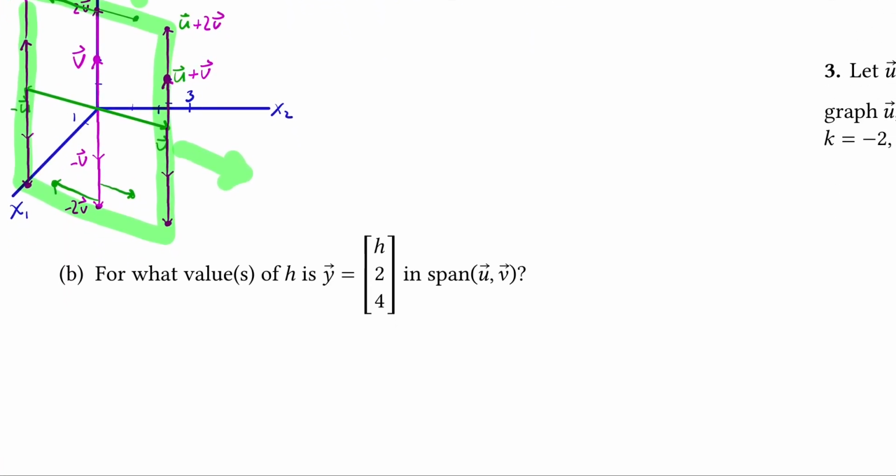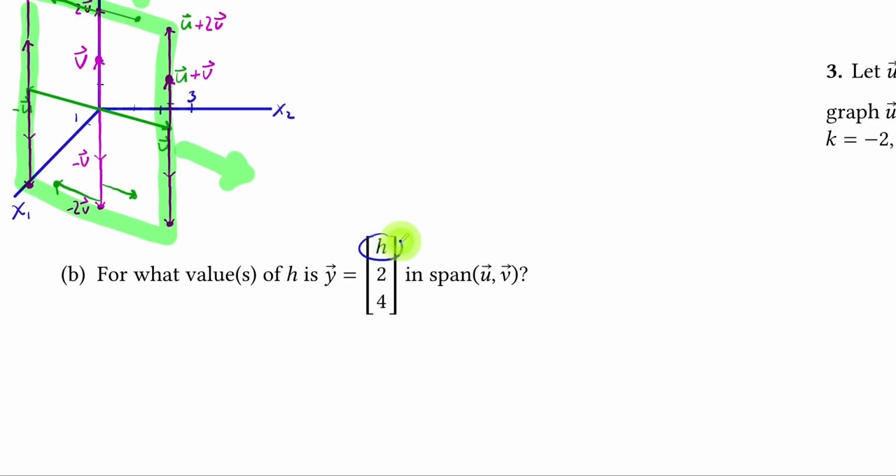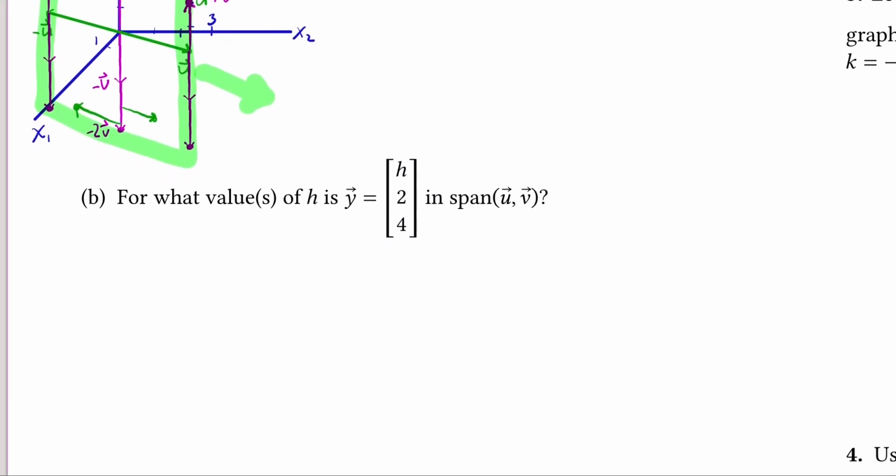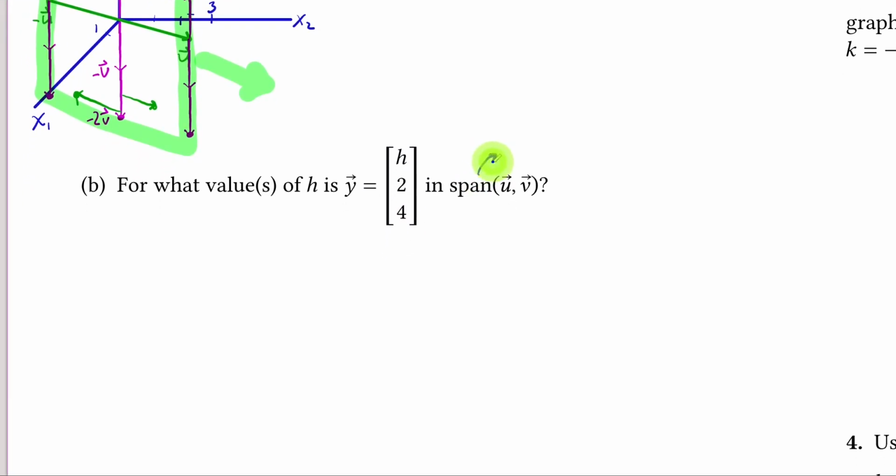So for what values of h is this vector y with components h, 2, and 4 in the span of u and v? Let's try to figure this out. Well, vectors in the span, remember, means vectors that can be written in the form x1u plus x2v for any x1 and x2 in R, that are real numbers.